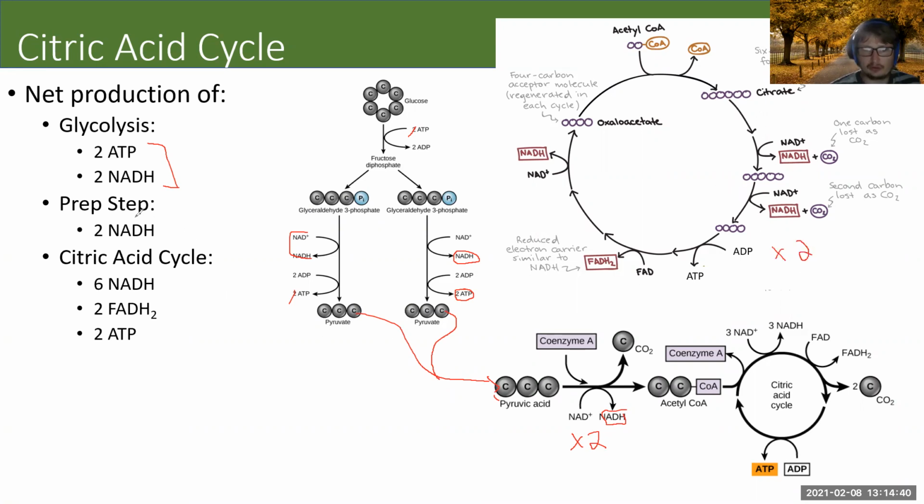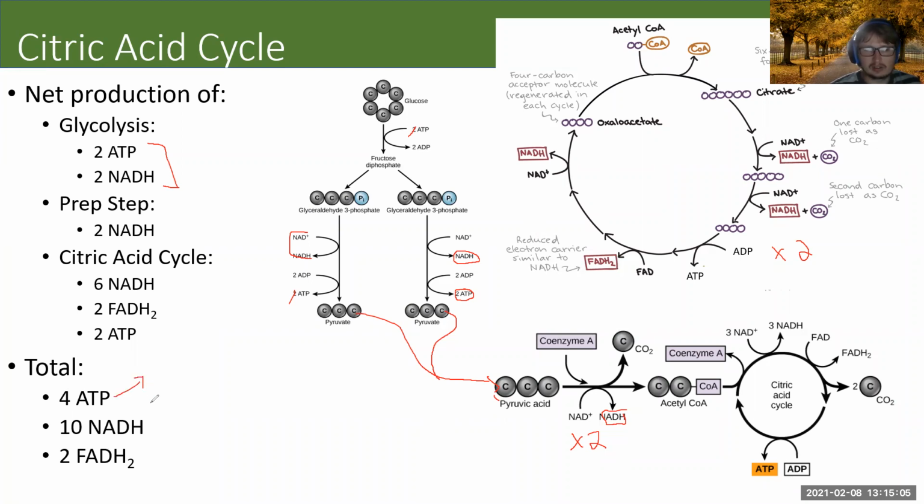this times 2, again, because we have 2 pyruvate molecules, so a total of 6 NADH, 2 FADH2, and 2 ATP. So that in turn gives us a total of 4 ATP molecules made so far, 10 NADH molecules, and 2 FADH2 molecules.